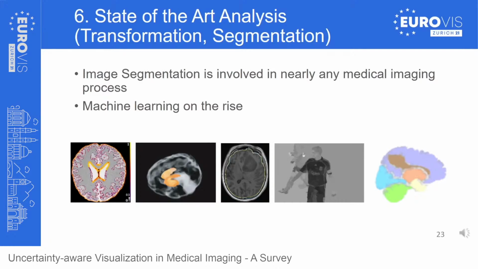Saur et al. used Bayesian decision theory in the fourth example to output a probabilistic segmentation result that can be visually encoded using a grayscale. At last, Gillmann et al. presented a visual guided segmentation approach that shows certain areas of a segment in bold colors and uncertain areas with a high transparency.